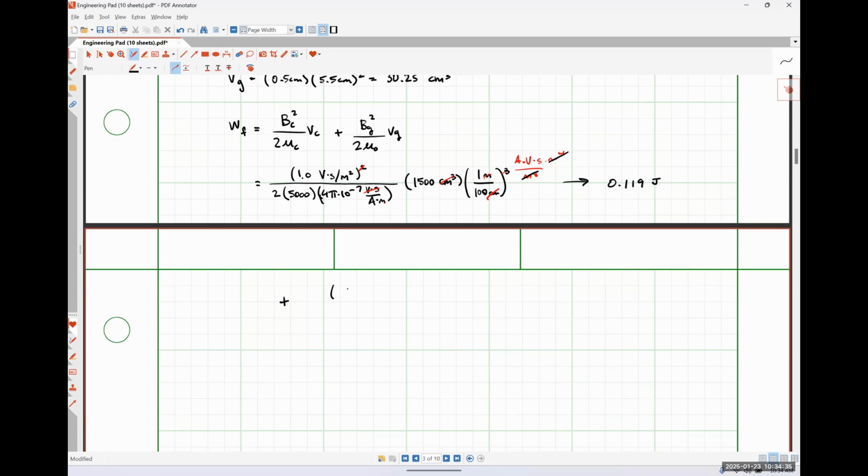By a similar thing here, we're going to have 1.0 volt second per meter squared quantity squared, over 2 times 4 pi times 10 to the minus 7 volt second per amp meter, multiplying this by my volume of 30.25 centimeters cubed, and then my conversion factor of 1 meter over 100 centimeters.